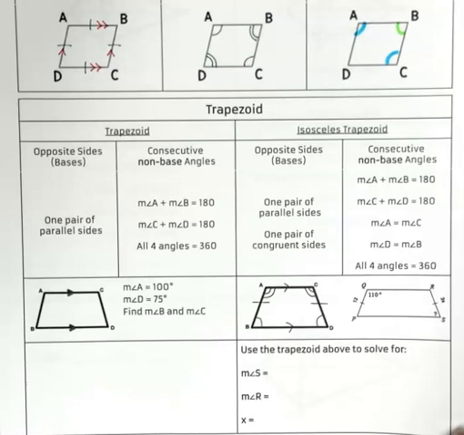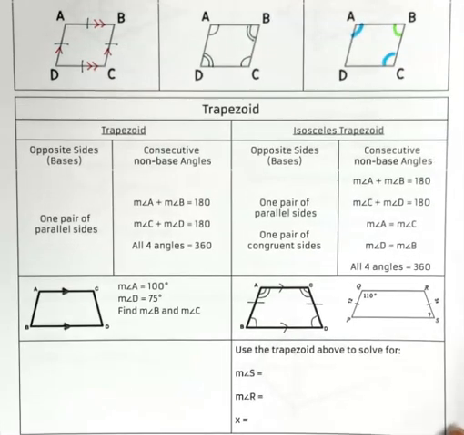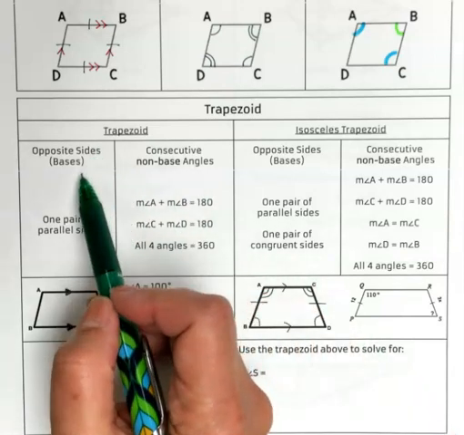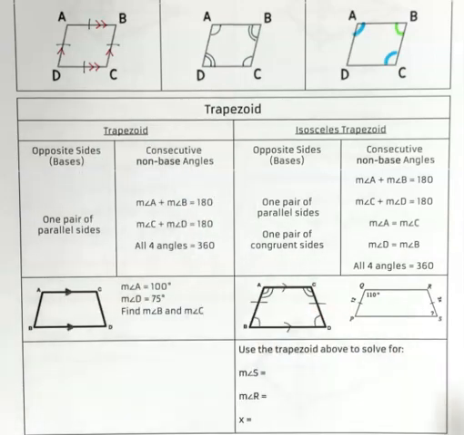Now we're going to move to trapezoids. Trapezoids are quadrilaterals in that they have 4 sides, but they are not a subset of parallelograms. Okay? For your trapezoids, opposite sides are called bases. Okay?